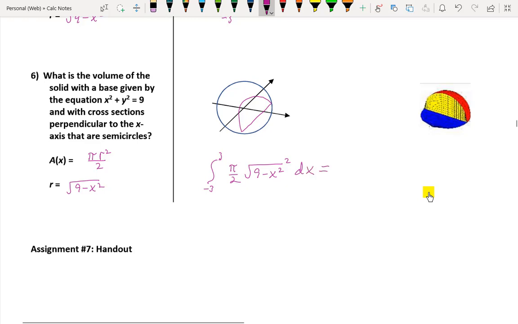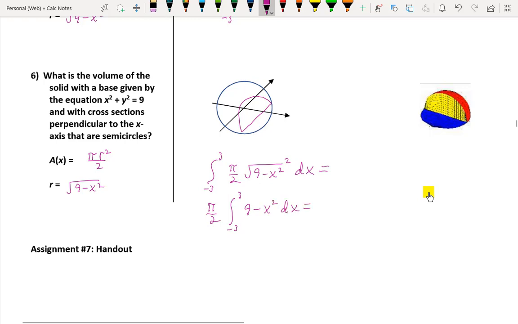And that one is going to equal, now this one here, looks like I did a little bit differently. Maybe we'll try and crank this one out by hand. So this is going to be pi over 2 times the integral from -3 to 3 of 9 minus x squared dx.